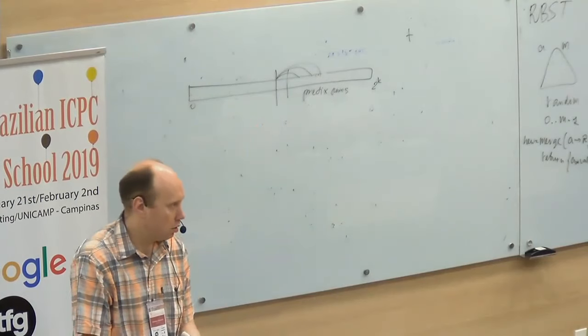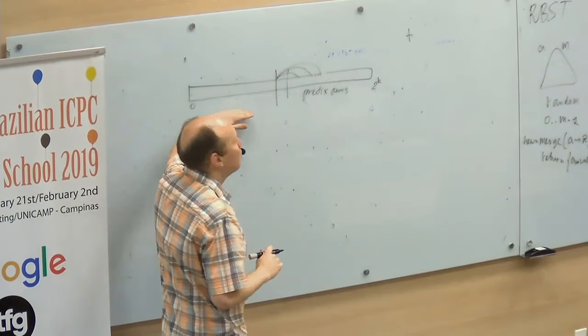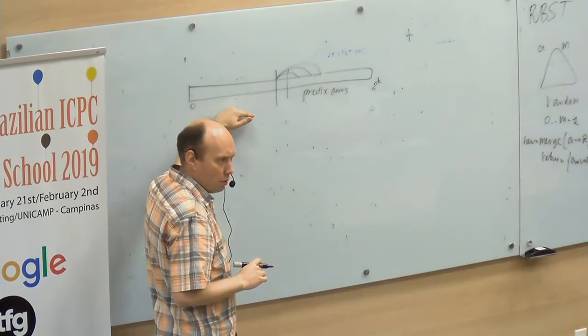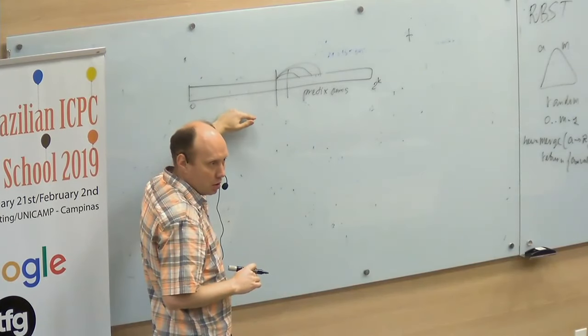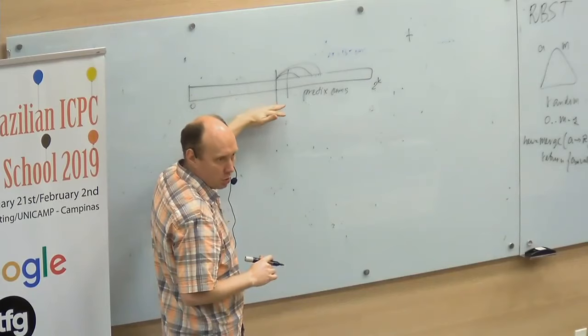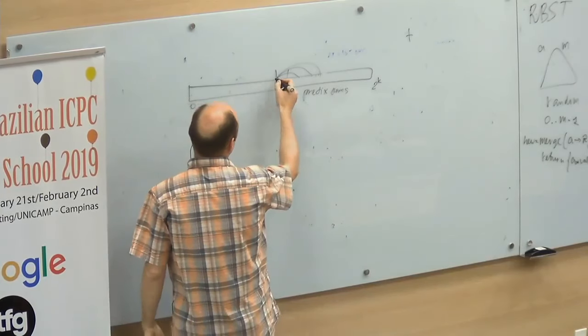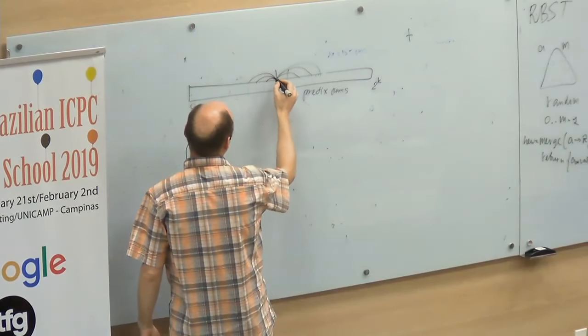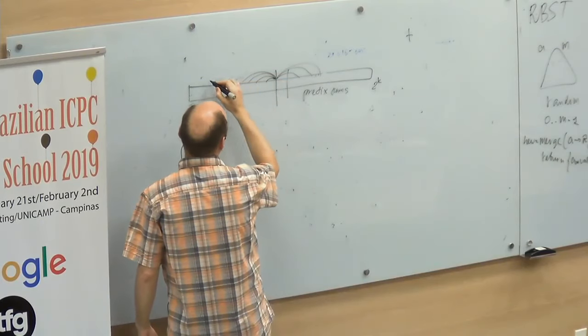For every value on the left of the middle of the segment, calculate suffix sums to the middle. So like this, this, this, this, and so on.